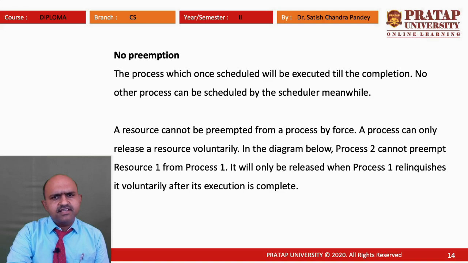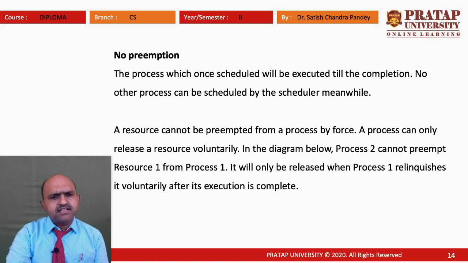No preemption is another condition. A process which once scheduled will be executed till completion. No other process can be scheduled by the scheduler meanwhile. A resource cannot be preempted from a process by force.